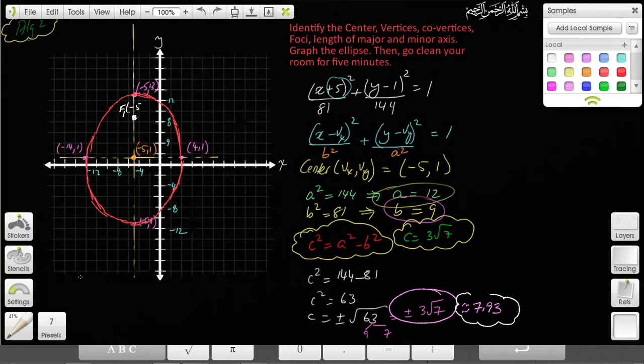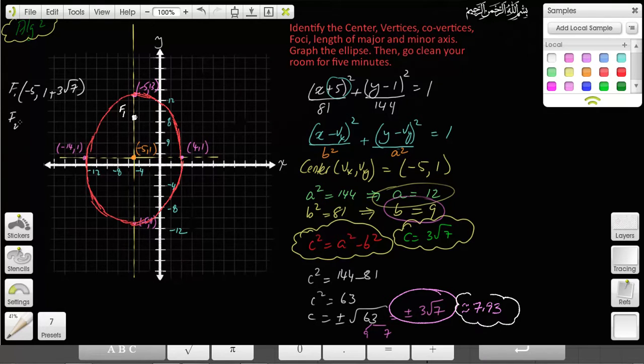So let's just write, I'm just going to put F1 over there, and then I'm going to write F1 over here. It's going to be negative 5 and 1 plus 3 square root of 7.